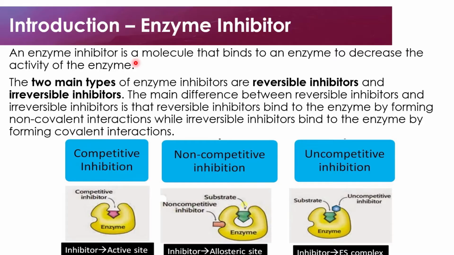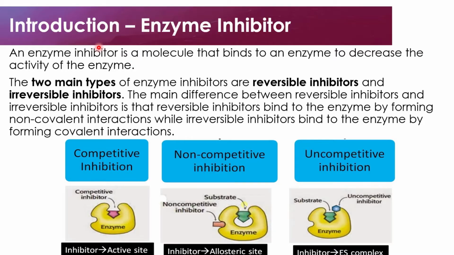And basically, we have three main types of reversible inhibitors: competitive inhibition, non-competitive inhibition, and uncompetitive inhibition.